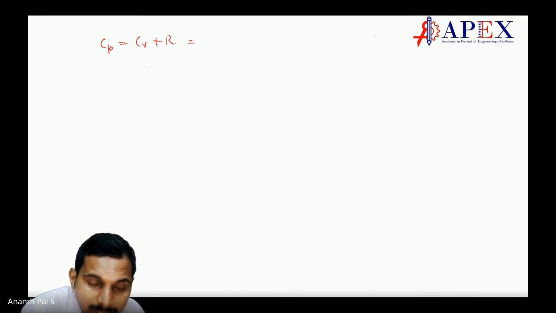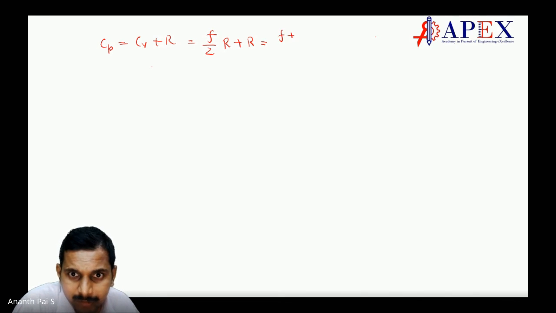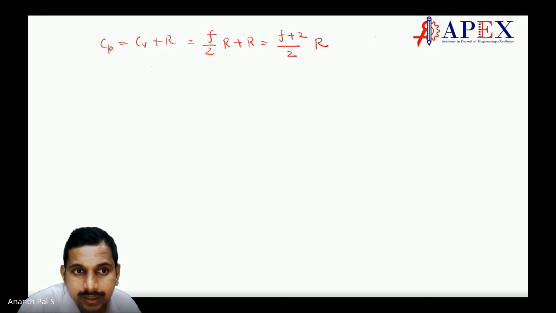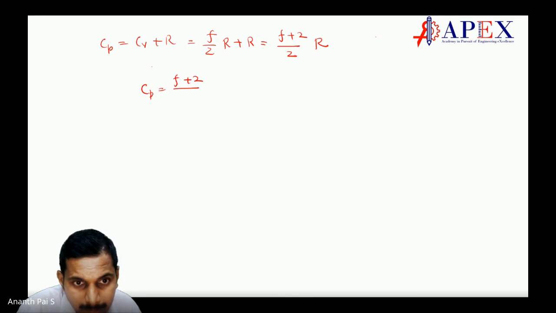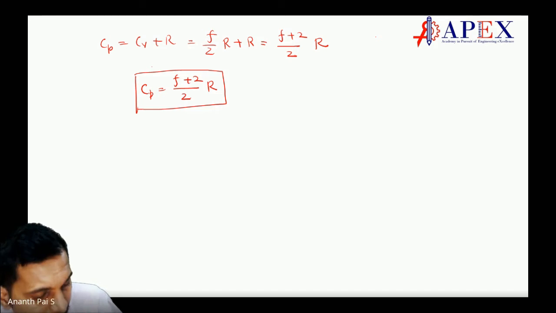So it is F by 2 into R plus R, which is equal to F plus 2 by 2 into R. That means my Cp is equal to F plus 2 by 2 into R. This is my Cp.